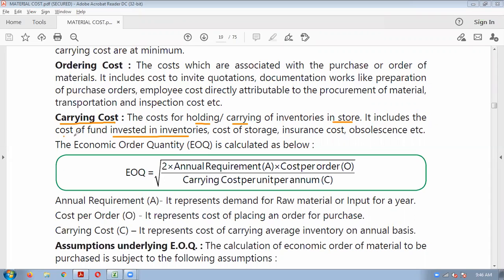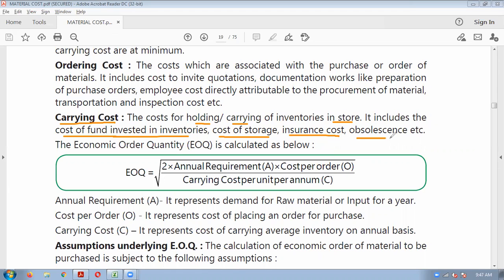That will come in carrying cost. Then you will have to store it. If you are taking premises on rent, then you will have a storage cost. Then insurance cost will be there, because you have to take care of the material. For that you will have to take insurance. That will come under carrying cost.